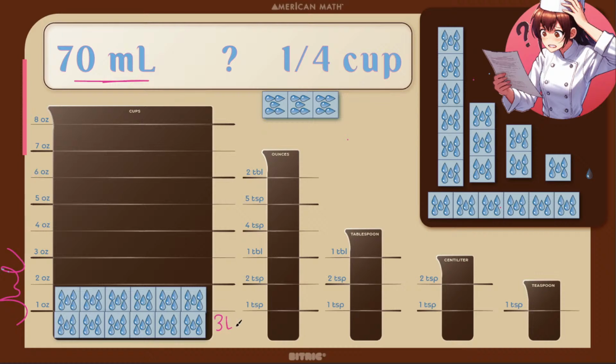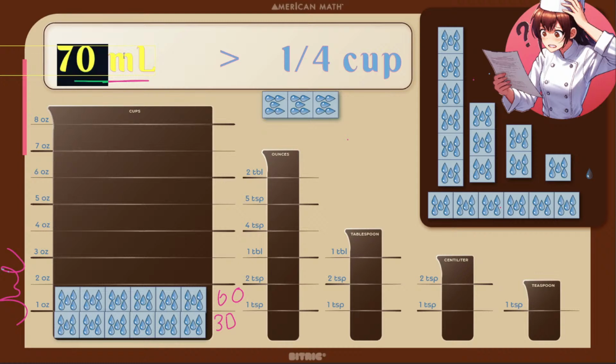So since we have 2, double that, 30 plus 30 is 60 milliliters. And then we have 70 milliliters. So in our case, 70 milliliters would be greater than 1/4 of a cup. Great job. All right. Let's keep it moving.